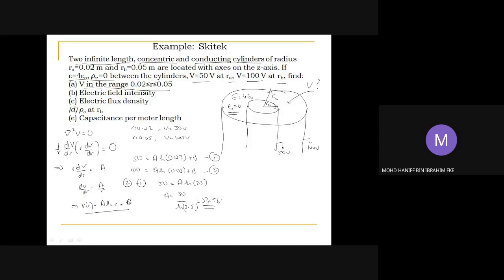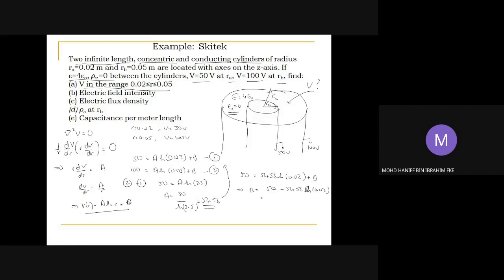Right, so we substitute this A value in equation number 1. We have 50 equals 54.56 ln of 0.02 plus B. Afterwards, B equals 50 minus 54.56 ln of 0.02.